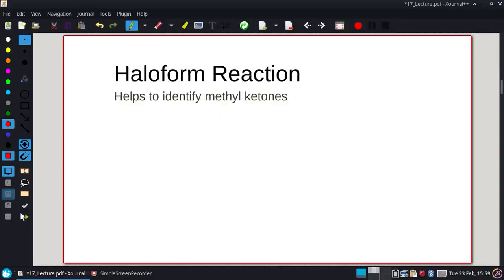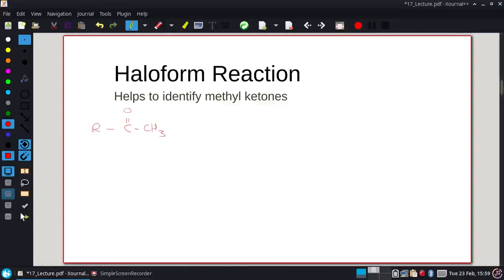All right, now where we can take advantage of this is we actually can use it as an identification technique. So let me actually specifically talk about how this haloform reaction works. What it does is it's going to help us identify methyl ketones. Doesn't matter what this side is.